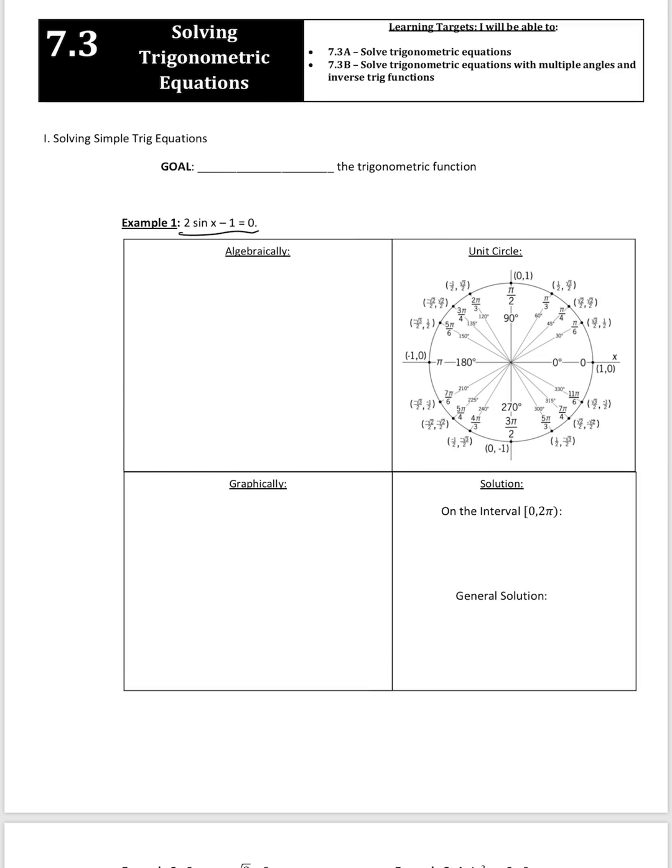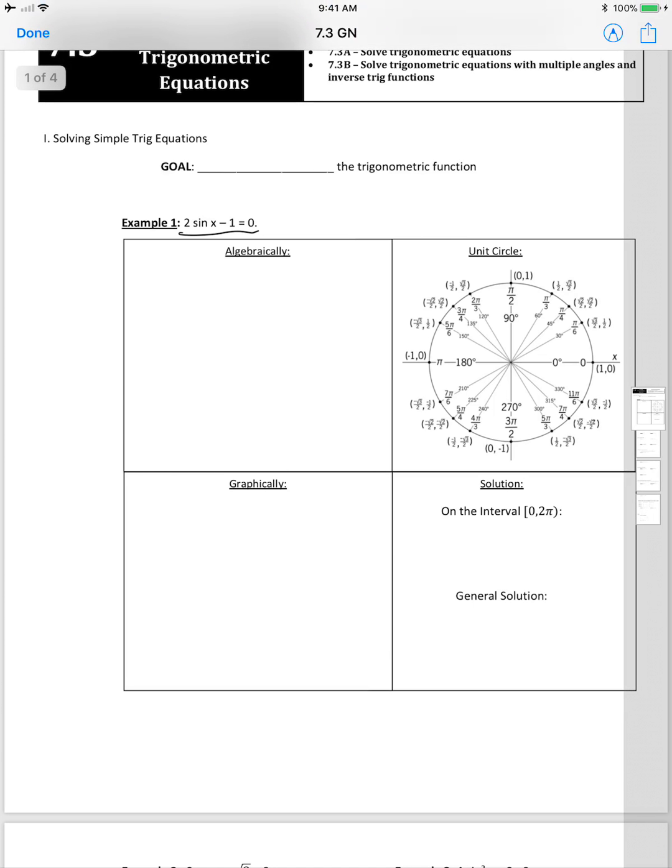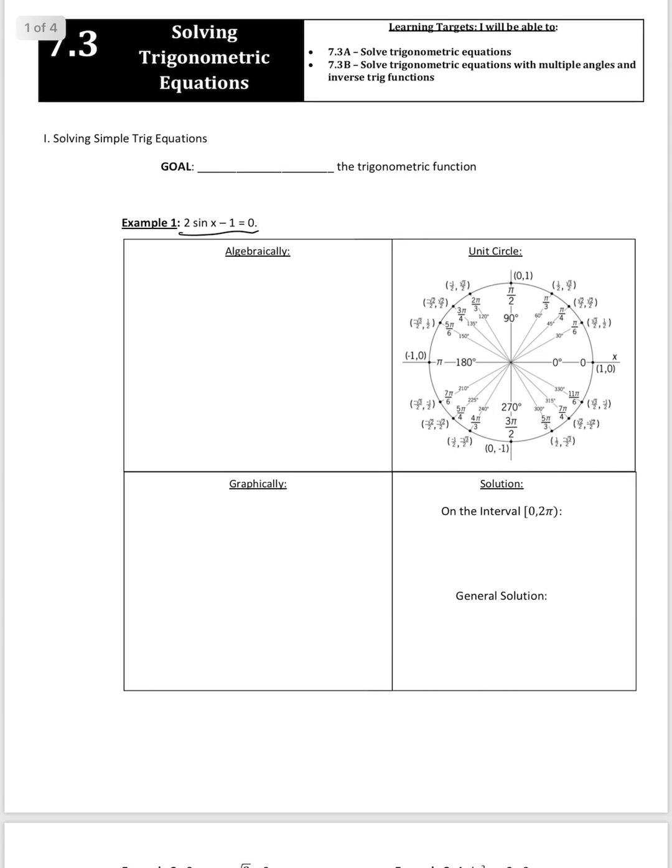So the first technique I'm going to teach you is really just very basic algebra. If it's a simple trig equation, then all I need to do is isolate x. So my goal is going to be to isolate the trig function. X is inside the function, it's what's being evaluated.